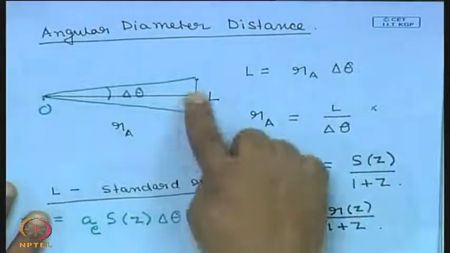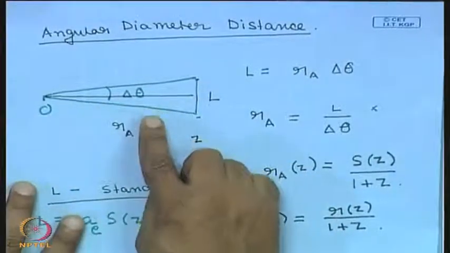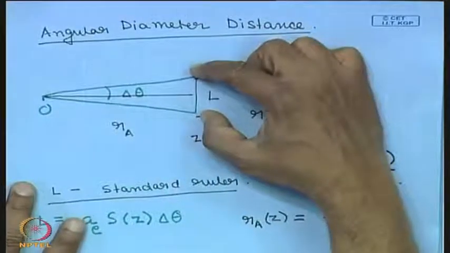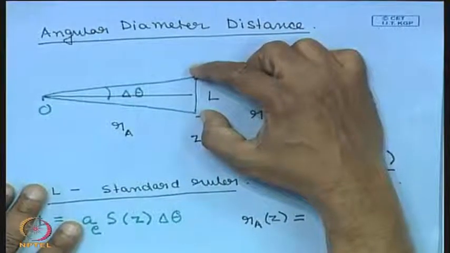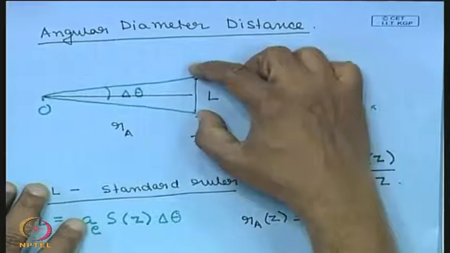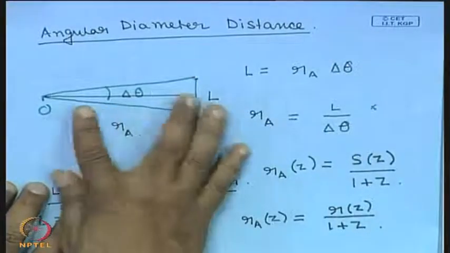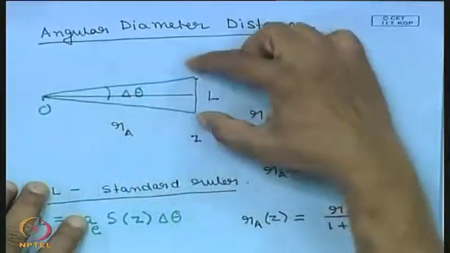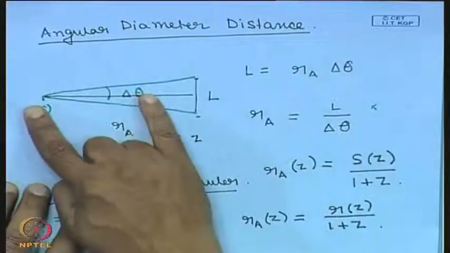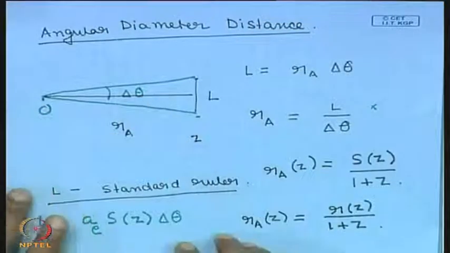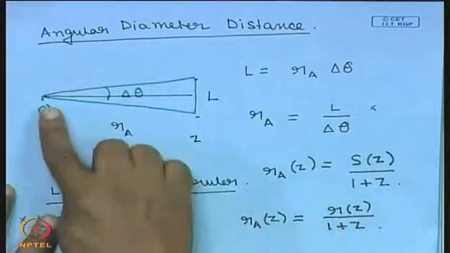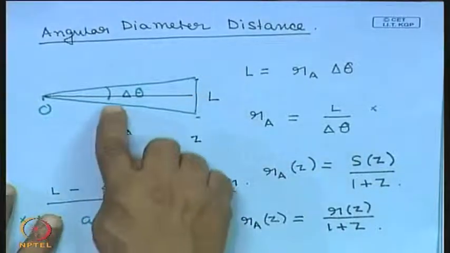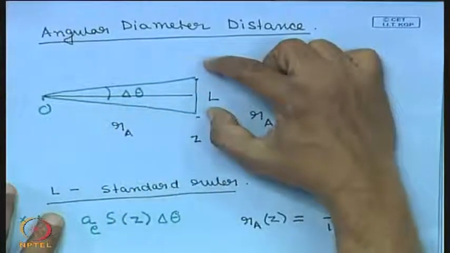The angular diameter distance is defined so that if I have an object whose proper size is known, then the angle it subtends is the ratio of the proper size to the angular diameter distance. Or what is more useful is that if I know the angular diameter distance and if I can measure the angle it subtends, I can get the proper size.